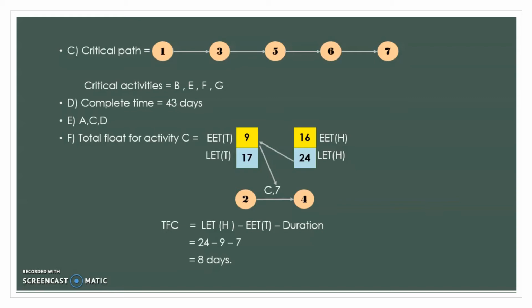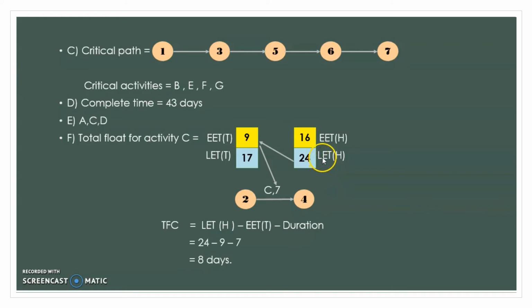The next question: calculate the total float for activity C. Here is the formula. H refers to head and T refers to tail.